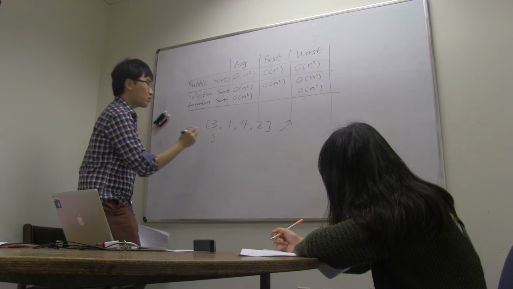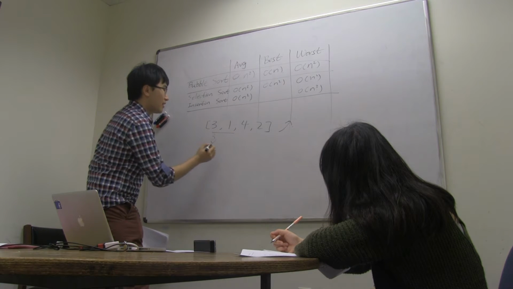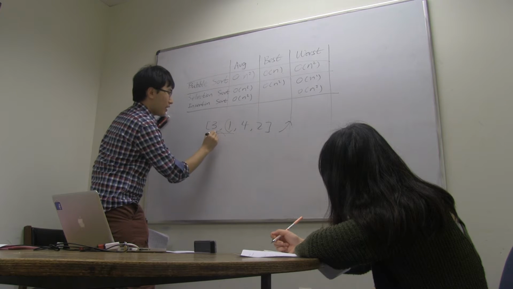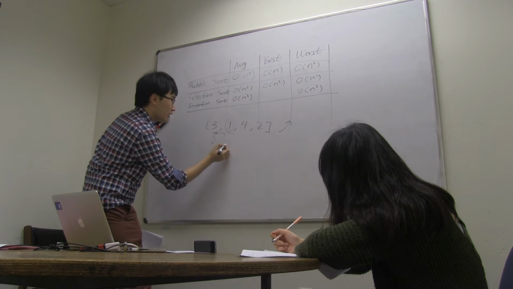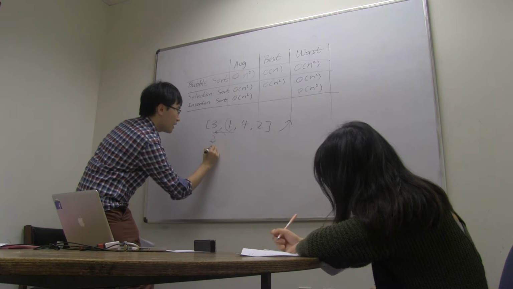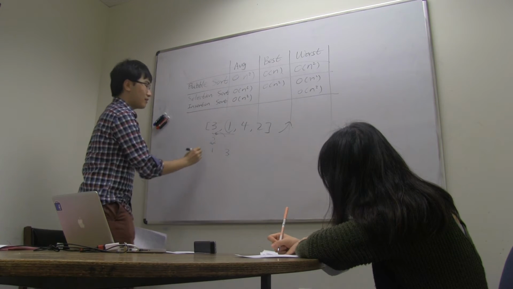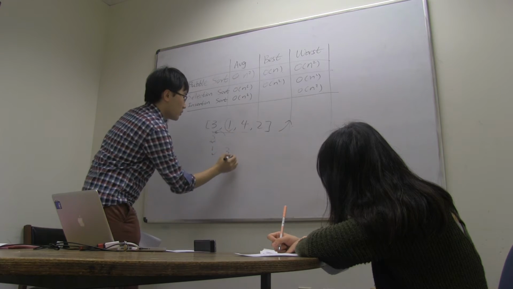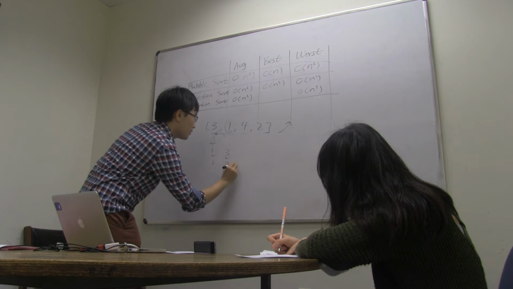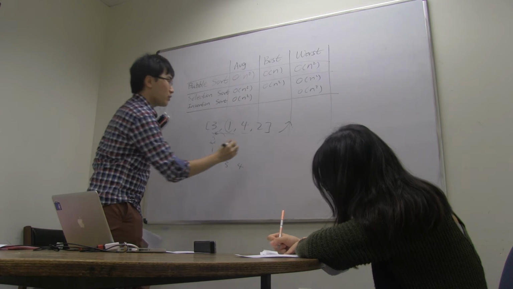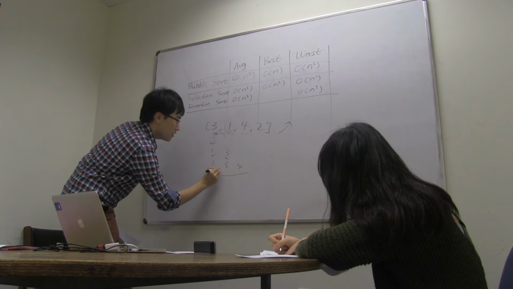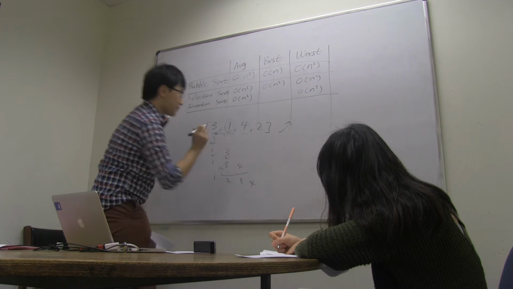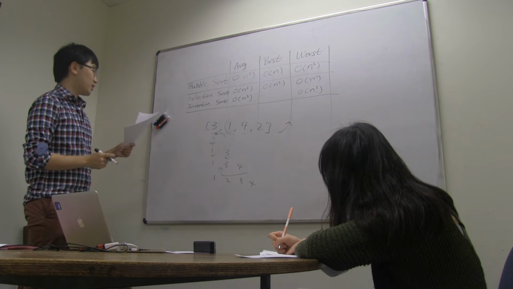In the second pass, we sort the first 2 elements, so we insert 1 into this array. 1 is less than 3, so we insert it before 3 and get 1, 3. That is the second pass. In the third pass, we insert 4 into 1, 3, so it becomes 1, 3, 4. And in the fourth pass, we insert 2 into its position, so it becomes 1, 2, 3, 4. So that's insertion sort.